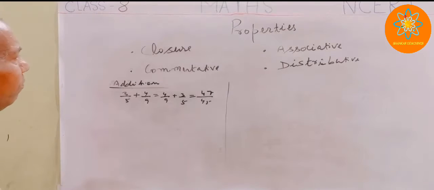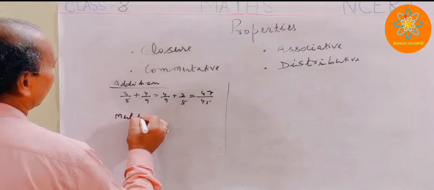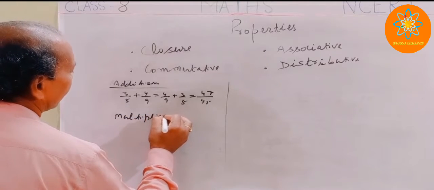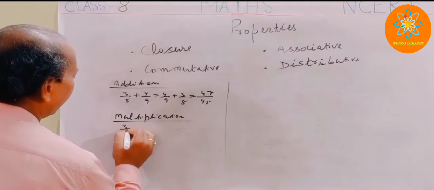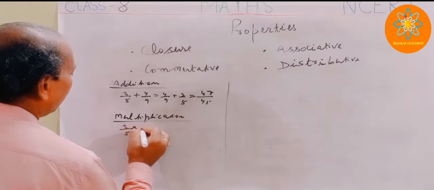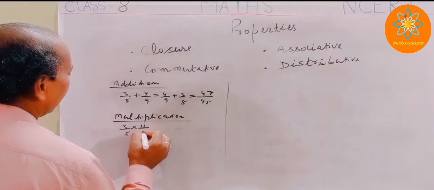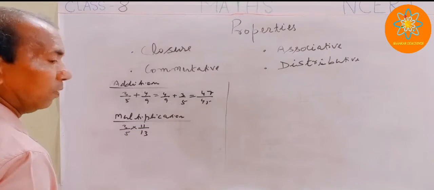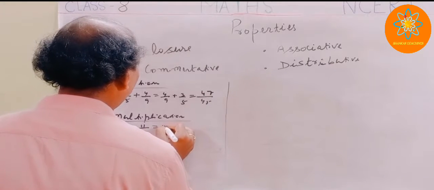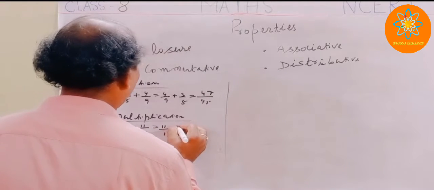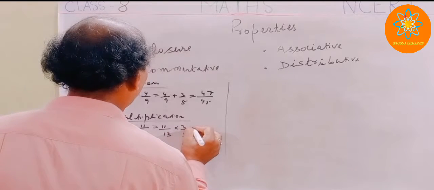Similarly, if I take the case of multiplication, suppose 3 by 5 is there and I want to multiply it by 11 by 13. Its value will also be equal to 11 by 13 into 3 by 5.